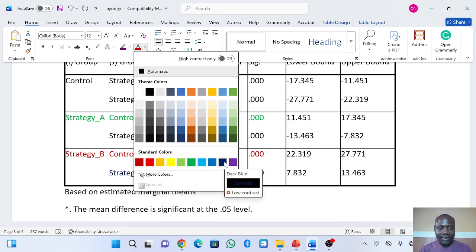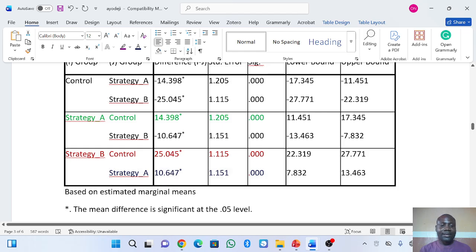So look at this again. Strategy B and strategy A, the difference between them is 10.64, and that difference is also significant. So what is this telling us?